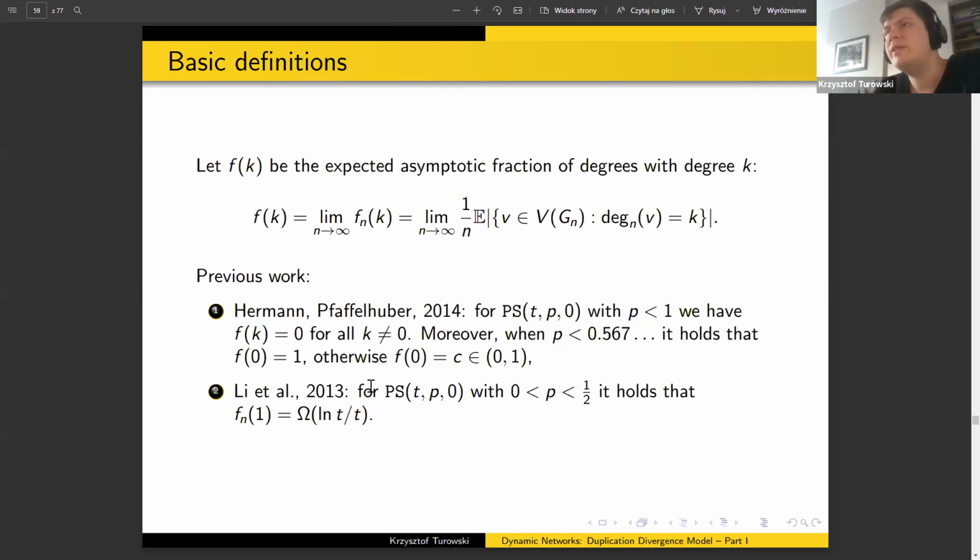And then there was a tiny result that whenever we have this pure duplication model with r equals 0 and p, then the number of vertices with degree 1 grows at least logarithmically. So its fraction is at least logarithm t over t.